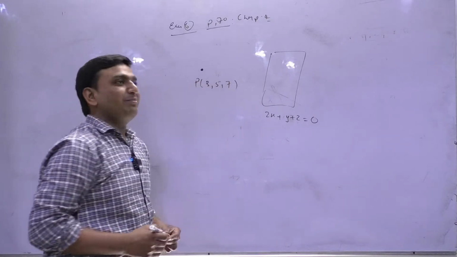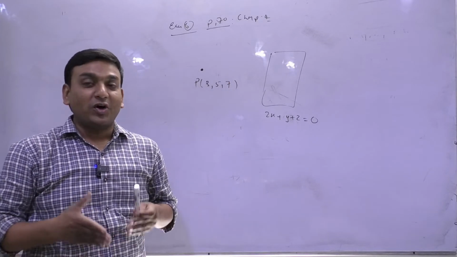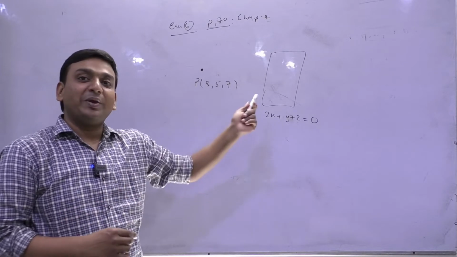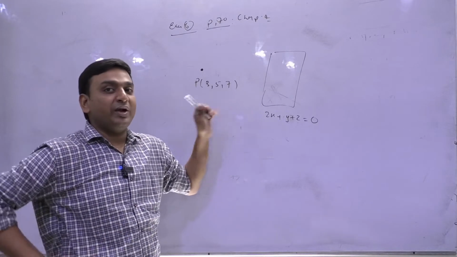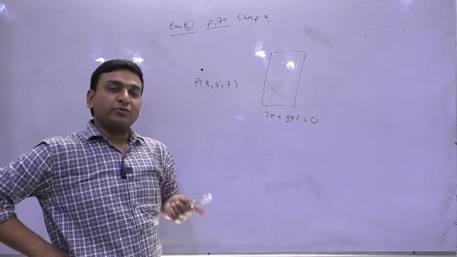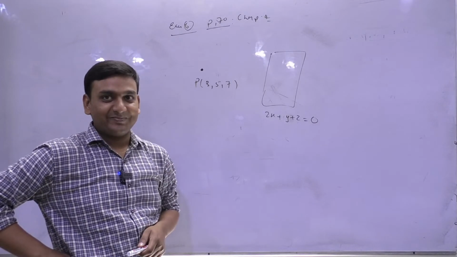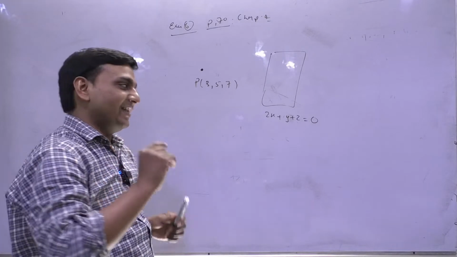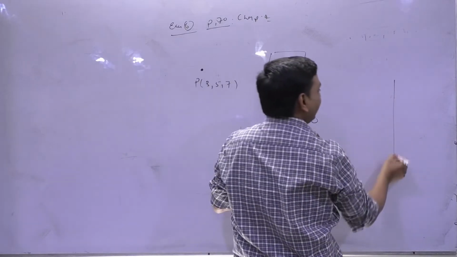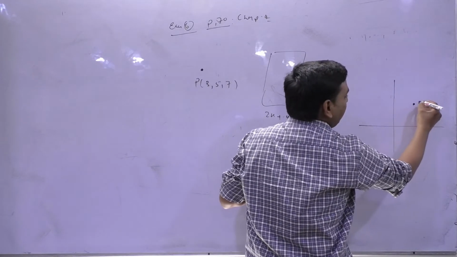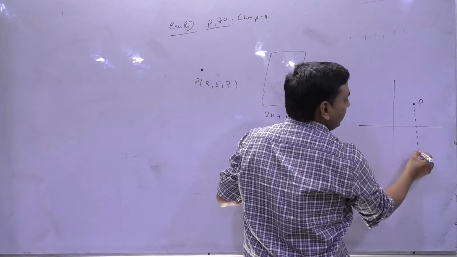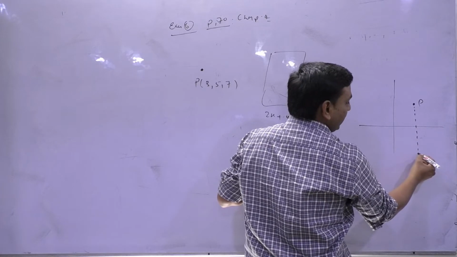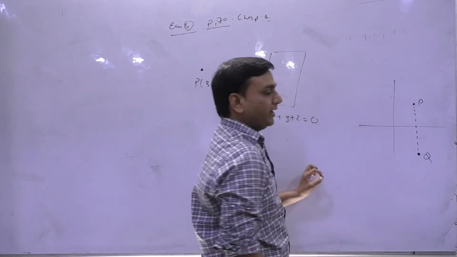He wants the image. So how is this a straight line question? The plane is given, the point is given, but why is this question in straight lines? Suppose this is the point P and you want its image about this plane, then Q will be a point.